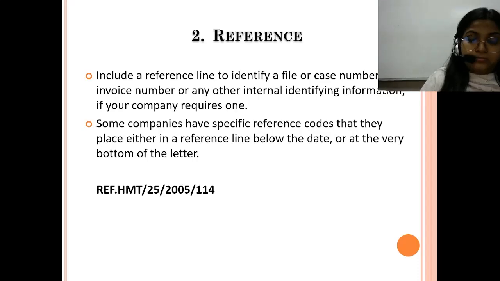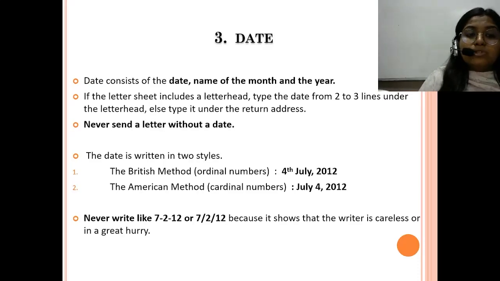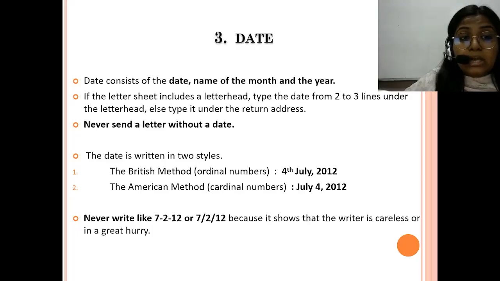Next comes the date. What is the date? The date consists of the month, year and day. First you write the date, then the month and the year, in this sequence.